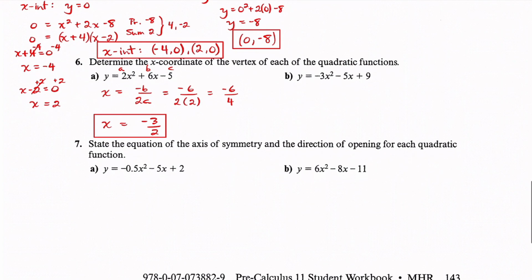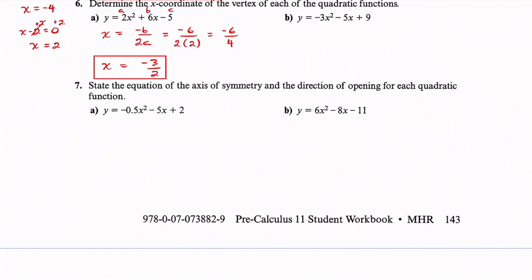Okay, on to 7. State the equation of the axis of symmetry and the direction of opening for each quadratic function. So this one's going to be similar again, because the axis of symmetry happens at the x point of the vertex. And I know the x point of the vertex is just minus b over 2a. So again, we got a, b, c.